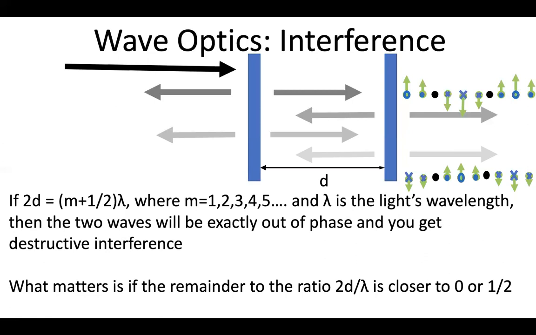Now, this means that the strength of the signal you get out is really sensitive to this exact value of the distance. You know, even if this distance is, say, a millimeter or a meter or something long, if you change this distance by a fraction of a wavelength, it will affect the intensity. This means this is a really good way to measure changes in distance.